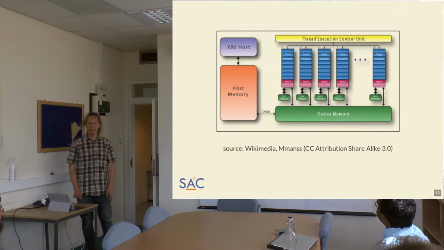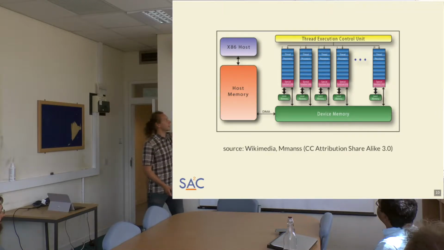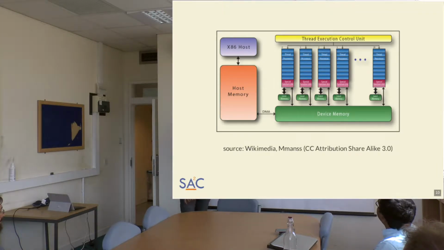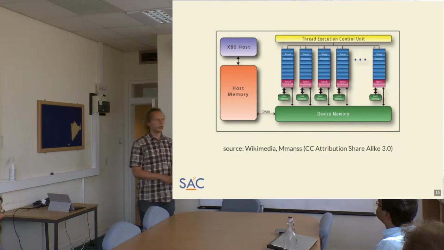Okay. This is sort of a map of what the GPU would look like. There's a host device, which is the CPU, and it has some internal memory, some cache. There is a device, and the host and device memory communicate through a DMA interface. There is a thread execution control unit, which sends operations to the execution units to be performed.